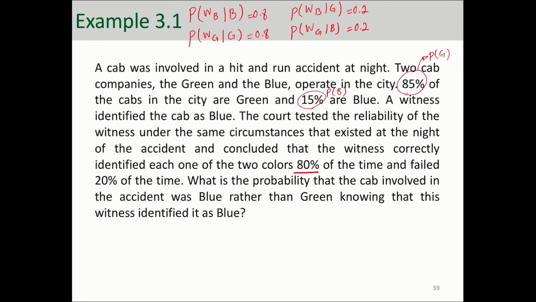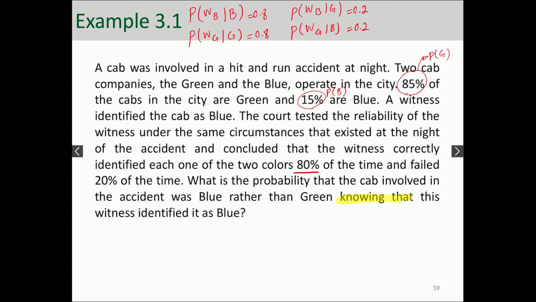So now let's figure out what the problem is asking us. What is the probability that the cab involved in the accident was blue rather than green, knowing that this witness identified it as blue? First of all, knowing that, what comes after knowing that is the given part of the conditional probability.